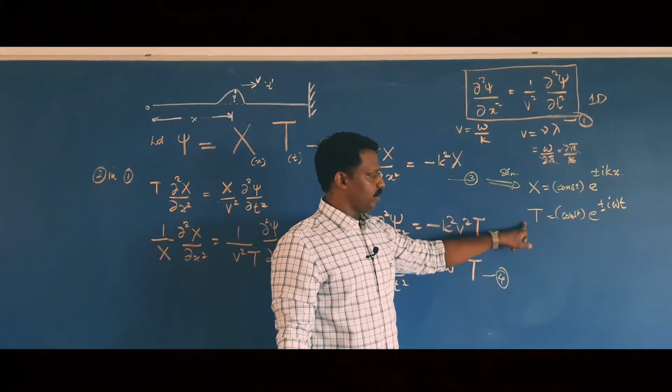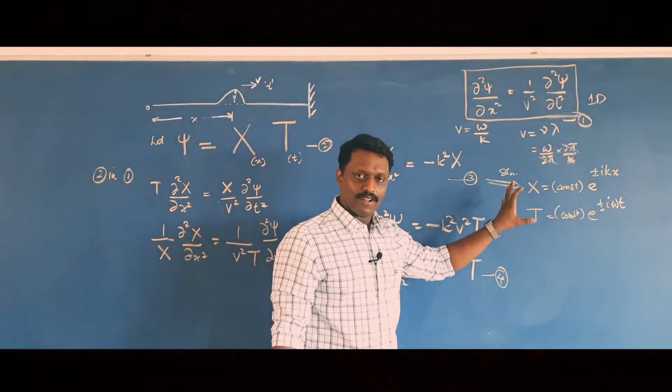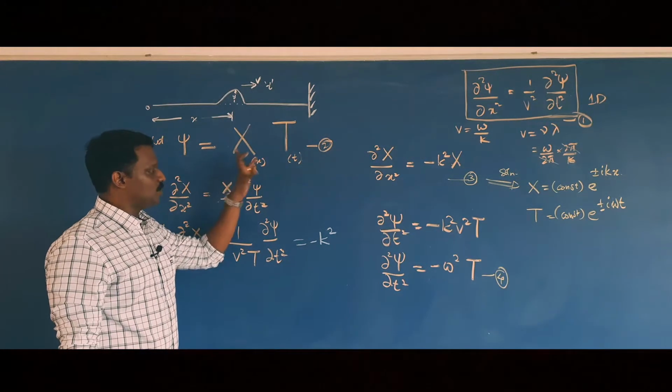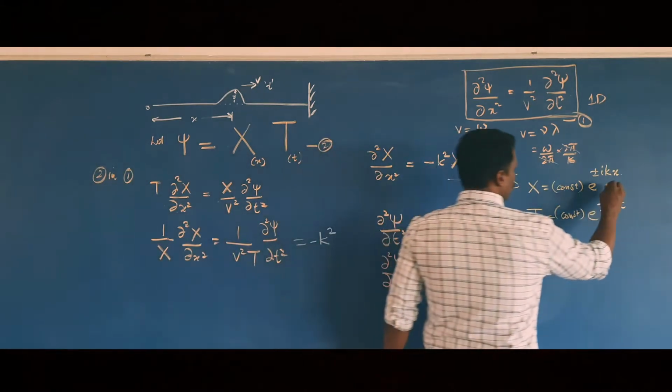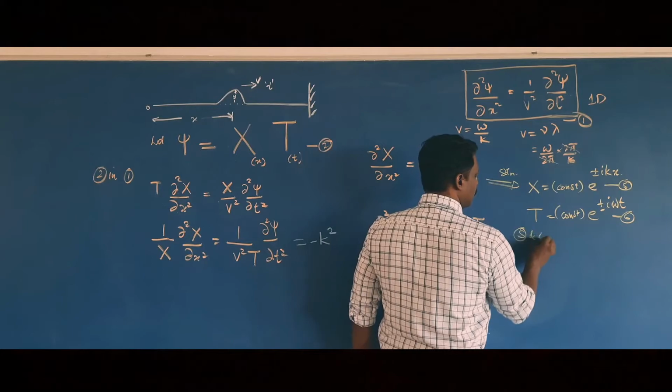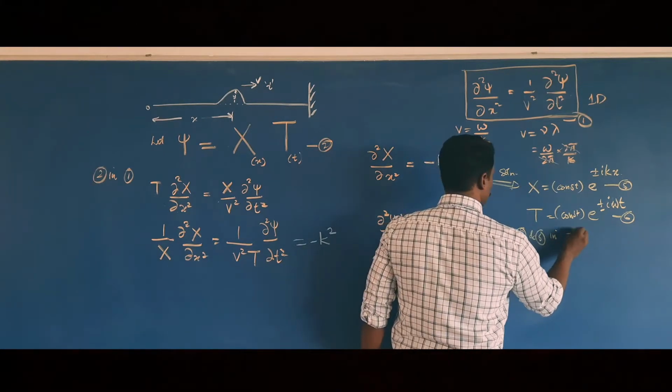Now these two equations can be used in our assumed solution, that is equation 2. So let us name them as equation 5 and 6, and substitute 5 and 6 in equation 2.